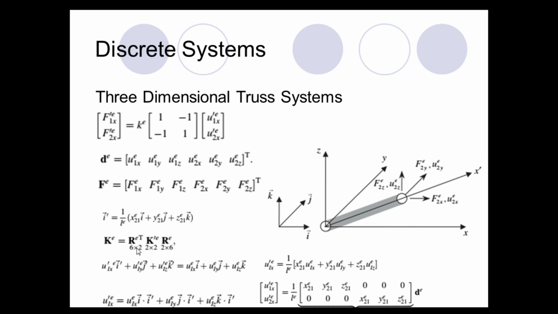Then we obtain the rotation matrix. Why do we have 6 by 2? Because we have 6 degrees of freedom. Sorry, the transpose of the rotation matrix is 6 by 2, and the rotation matrix itself is 2 by 6.